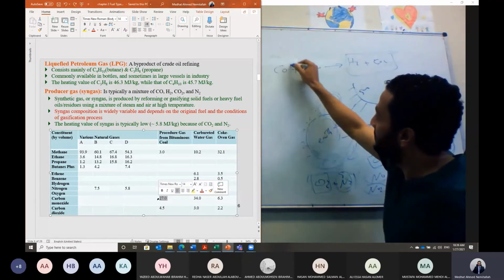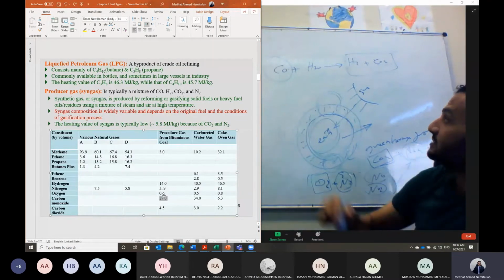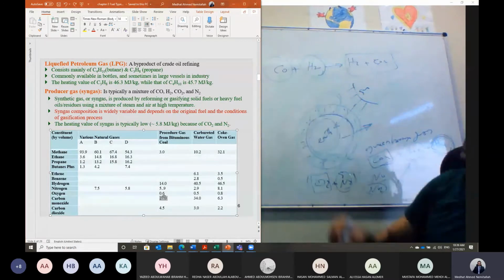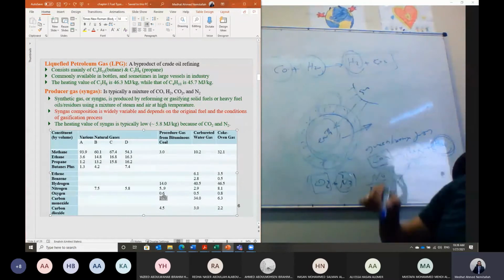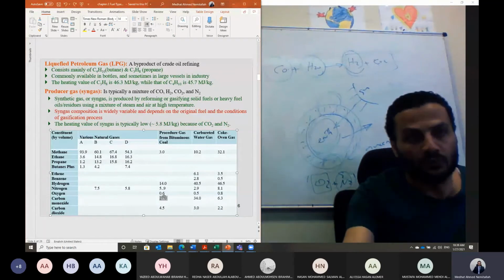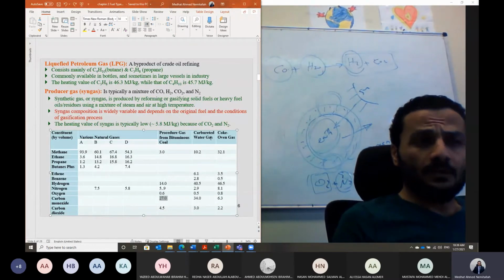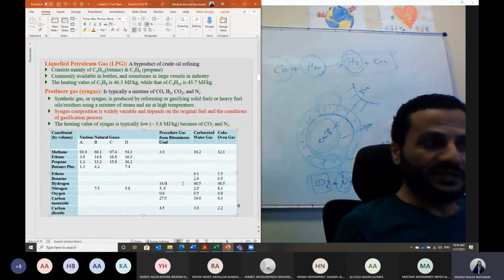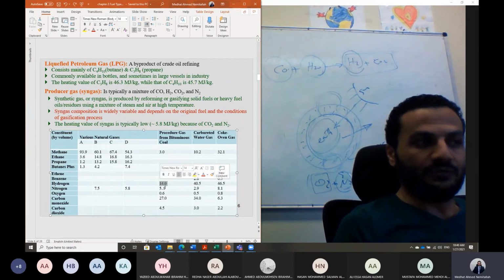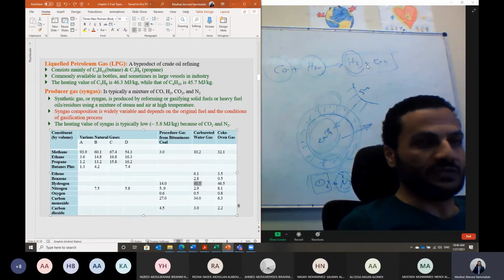So we convert part of the carbon monoxide in the synthetic gas by reacting it with the steam. And that's why in this carbureted water gas, synthetic gas, the concentration of hydrogen has been raised from 14% to 40% due to the addition of this reaction. We call it the water gas shift reaction.